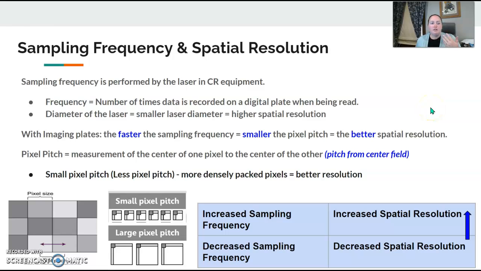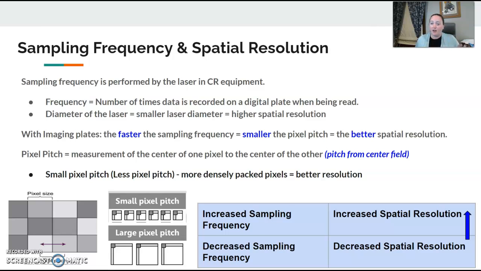Sampling frequency. If we go back to that CR plate, remember that imaging plate goes in the reader. It has a red laser. It moves in a raster pattern, left to right, down the plate. As it's going in that raster pattern, it is sampling those phosphors. So ideally, you want a faster sampling frequency, smaller pixel pitch. The more pixels that it samples, the better spatial resolution.